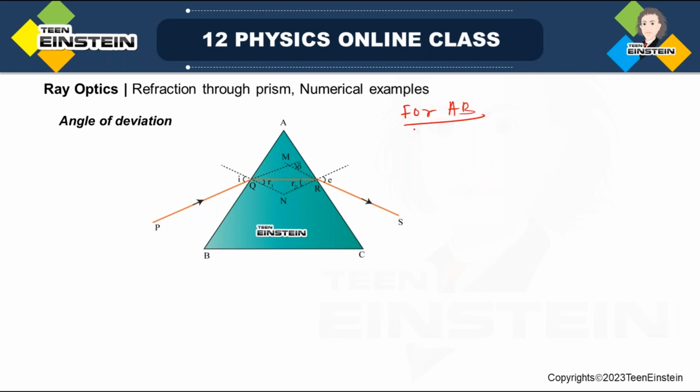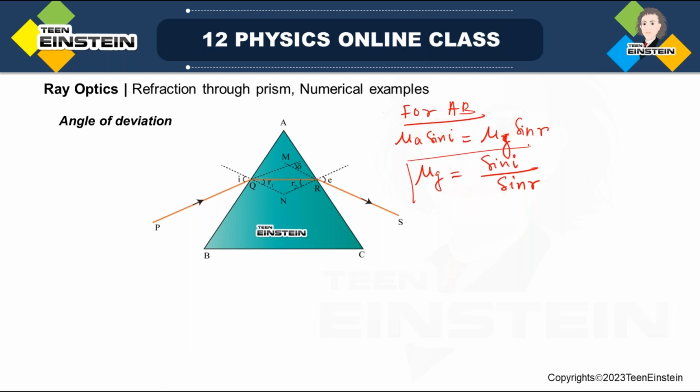So in this case we can write Snell's law: mu air sine i is equal to mu glass, or prism, let us say mu g, sine r. So mu a is air, that is 1. So mu g is sine i by sine r. That is the refractive index of the material of the prism.